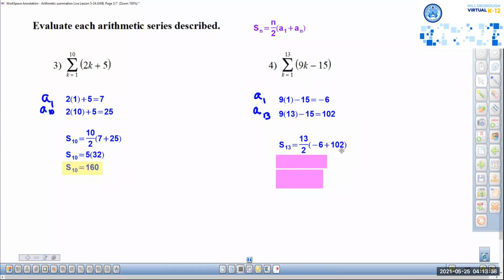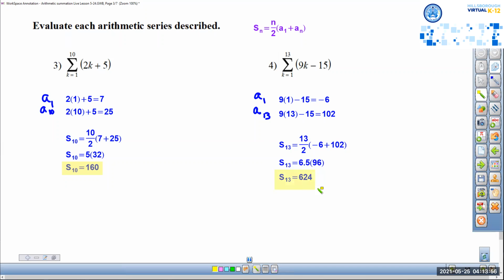Your last is 102. 13 divided by 2 is 6.5, and negative 6 plus 102 is 96. Multiply that 96 and 6.5, and you get 624. And you have the sum of all the numbers from k equals 1 to k equals 13.